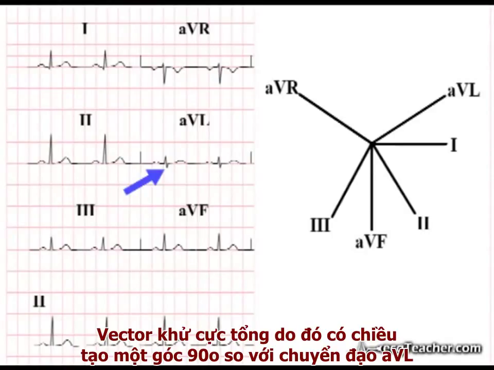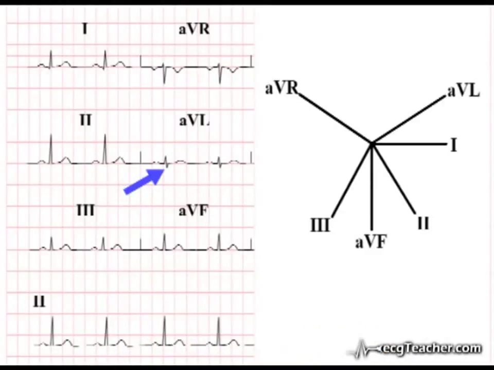The total vector must be traveling at 90 degrees relative to that lead. This gives us two possibilities.